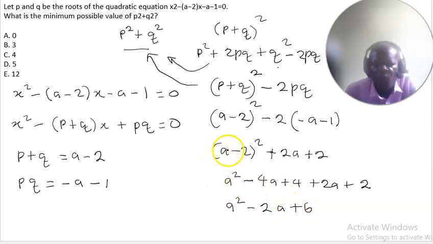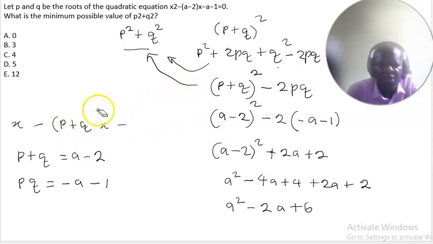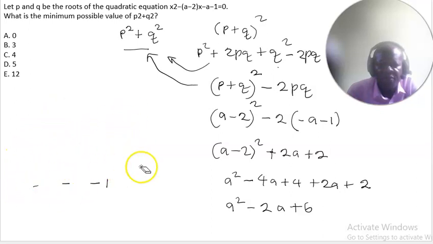So in other words, what we need to do now is to find the minimum value of this expression. So let's wipe this other side off. Now, what we have there is a quadratic equation. If we plot it on an xy plane, it is going to give us a parabola. Because the coefficient of a squared in a squared minus 2a plus 6 is positive, that means we have a parabola that is facing up, something of this nature.